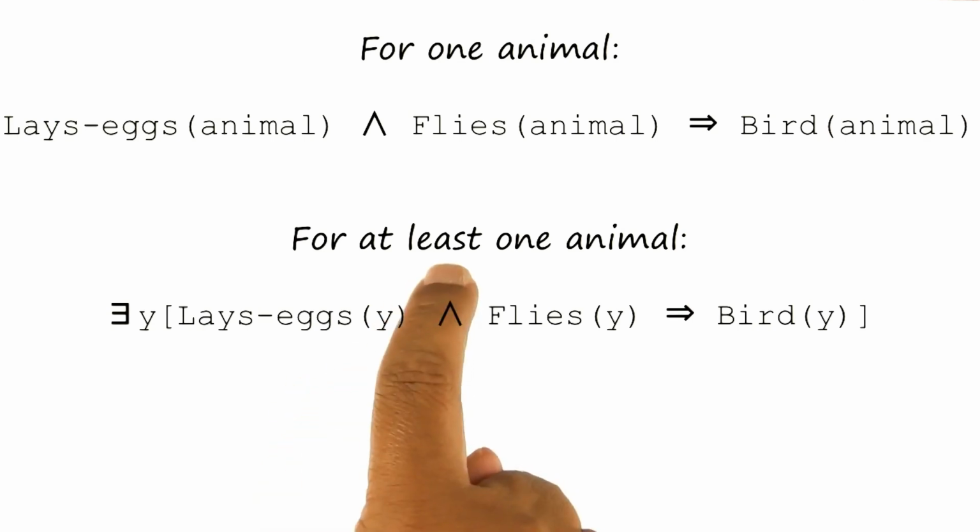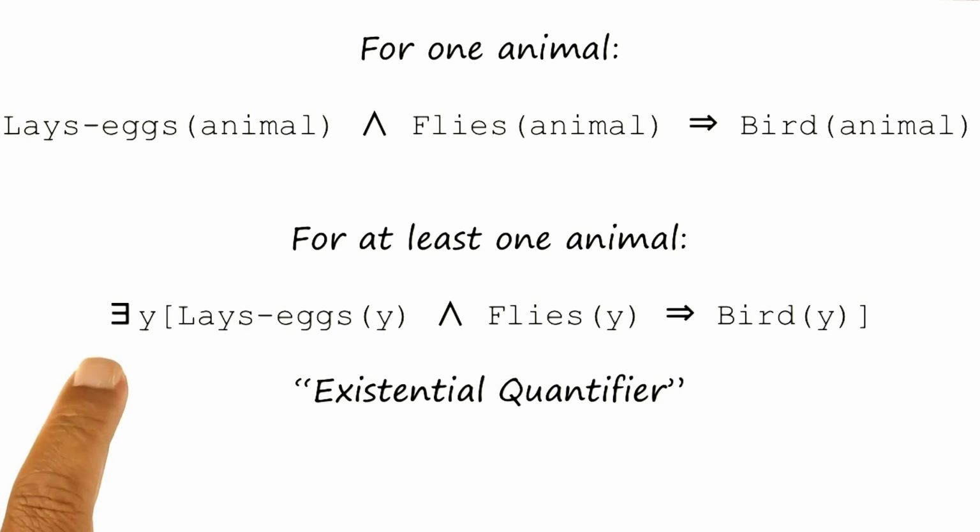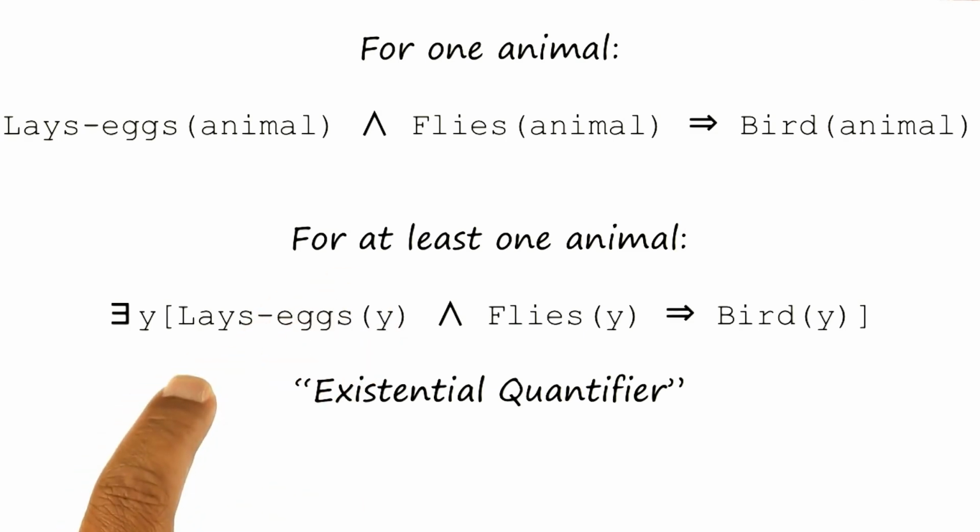I can specify the value that the variable y can take. This time I want to specify not that this sentence is true for all values of y, for all animals, but supposing I want to say that it is true for some, at least one animal, in which case I'll use an existential quantifier. Here is a symbol for an existential quantifier. This existential quantifier says that there is at least one animal for which this sentence happens to be true.